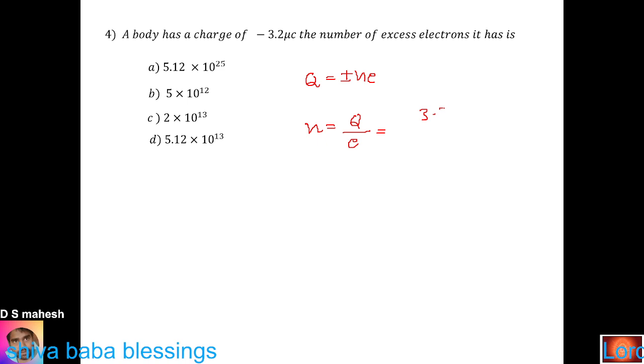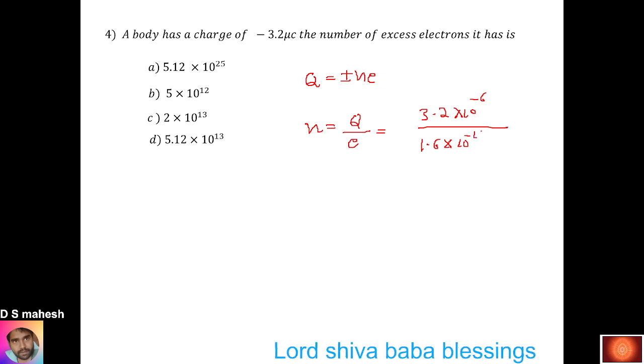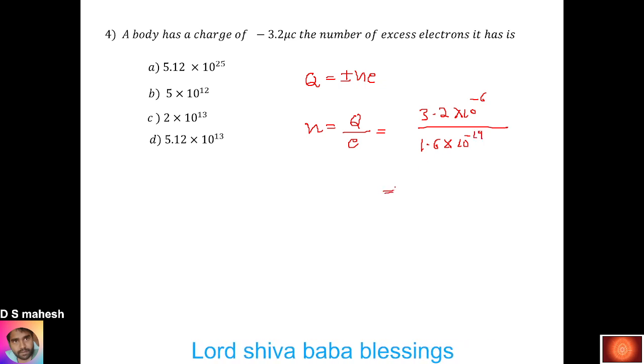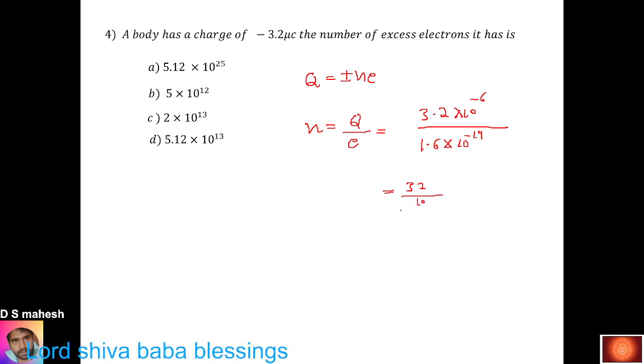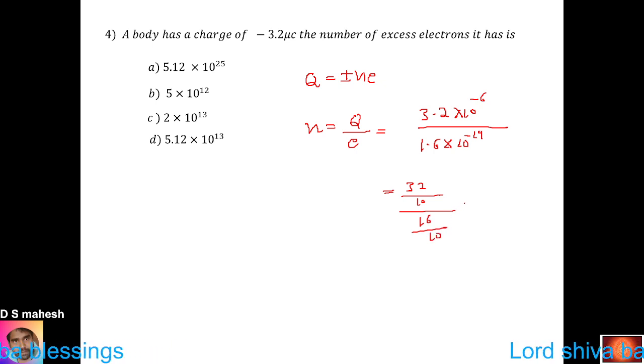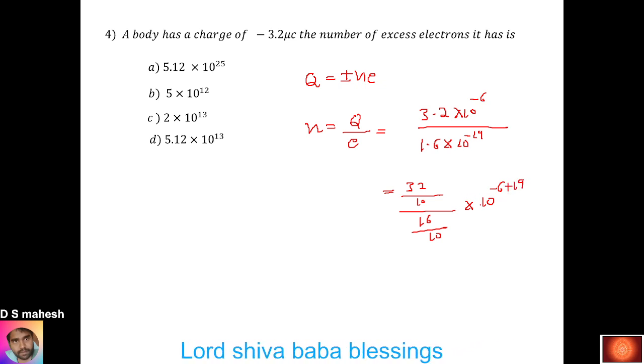3.2 into 10 to the power of minus 6 divided by the electron value, 1.6 into 10 to the power of minus 19. That turns out to be, you just take this as 32 by 10, so this can be written as 16 by 10, into 10 to the power of minus 6. You take this minus 19 above, that becomes plus 19.